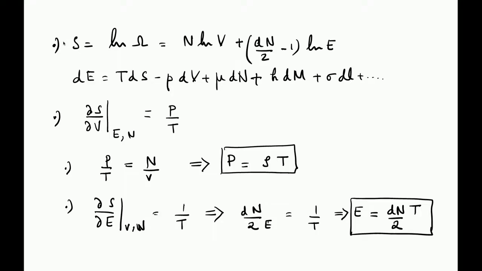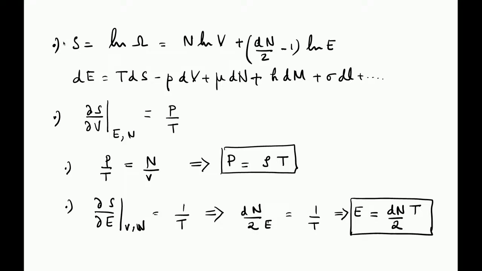Okay. What about if I do del S by del E at constant volume, constant N? Del S by del E at constant volume is 1 by T. So, I go back to this expression and differentiate with respect to E, and I get dN by 2E equal to 1 by T, or E is dN by 2 into T. Is that right?